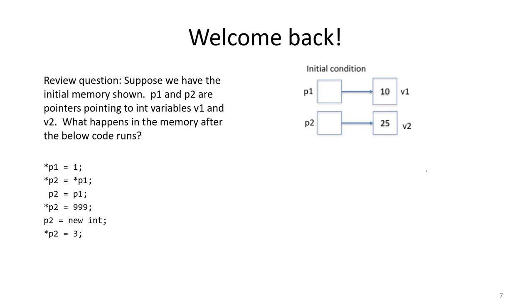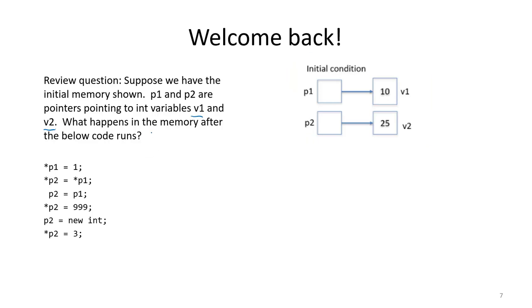We are given that we have the memory shown in this picture. So we have P1 and P2, and they are pointers which point to int variables V1 and V2. And we're asked, what happens in the memory after the below code has run?